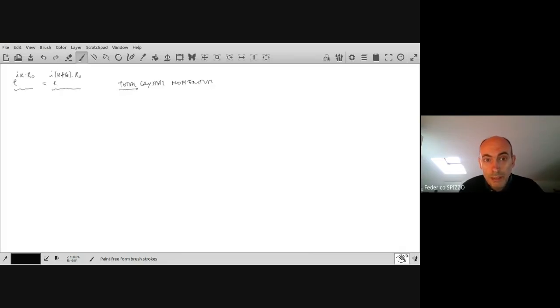So when I write total crystal momentum, that means that you have to consider the summation over the wave vectors of the electrons. For any electron, you have h bar k, and you have a factor 2 in front due to the fact that any wave vector k may be occupied by two electrons with opposite spin.